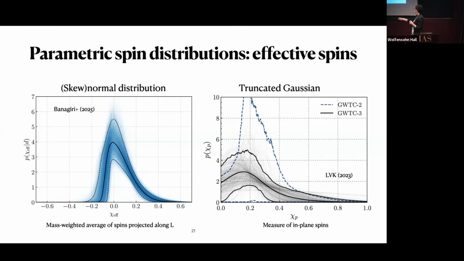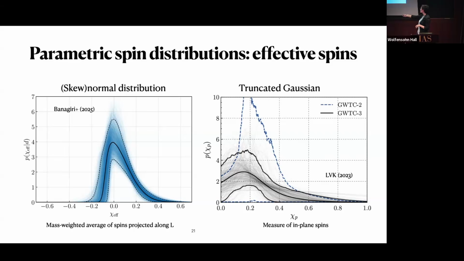And just a reminder, chi effective is the mass weighted average of the spins projected along the orbital angular momentum axis, whereas chi p is a measure of in-plane spins, really proportional to how much support the primary spin has in the plane. You can ask Patricia all about chi p.